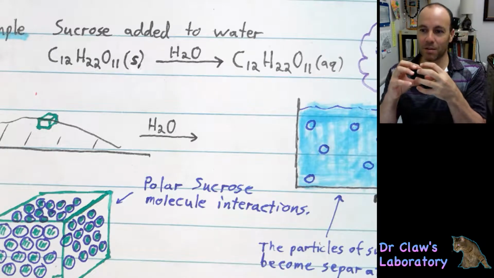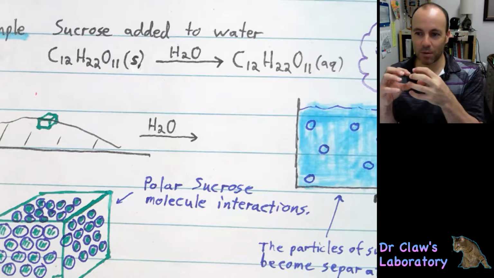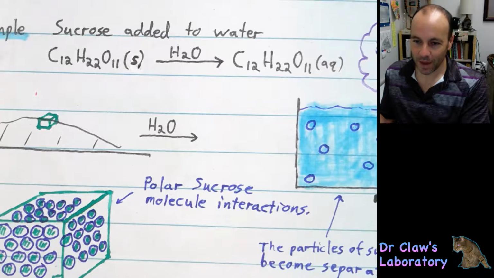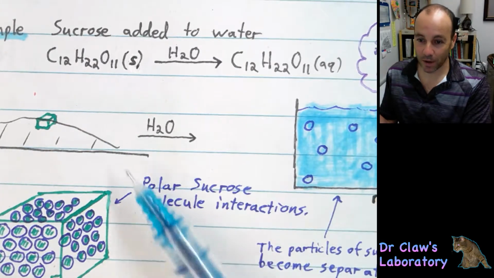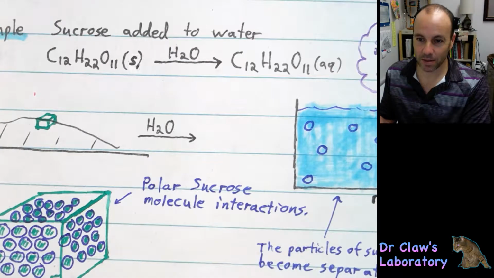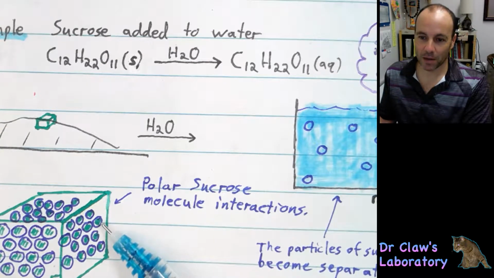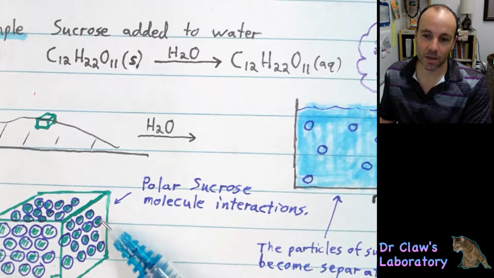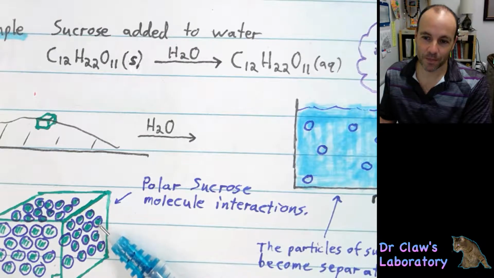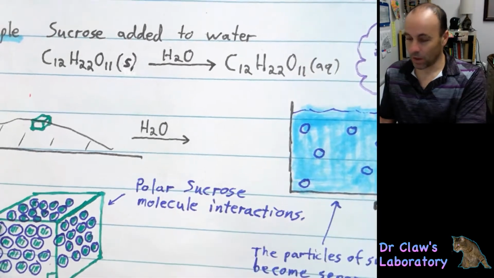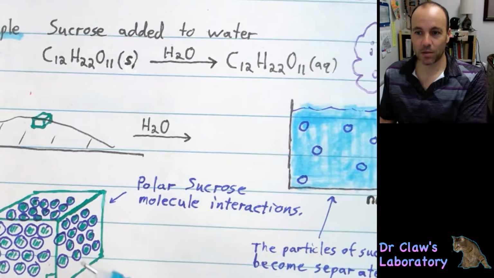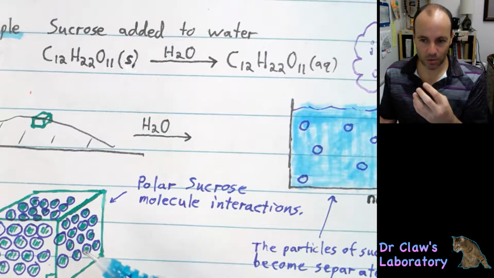They're called dipole-dipole interactions. And when you take a piece of sucrose and add it to water, again, there are water molecules all around it, and the water molecules interact with these sucrose molecules through dipole-dipole interactions between the water and the sucrose.